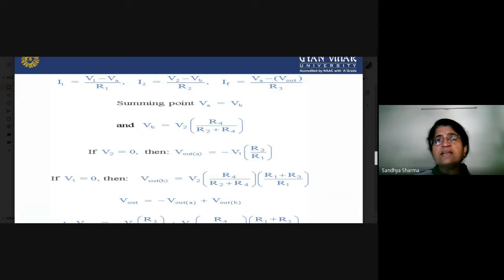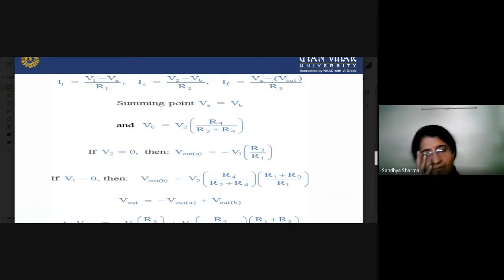If you want to design a summer and subtractor, because the inverting terminal inverts the output signal, there may be different modes. But if you want to make a combined addition and subtraction simultaneously, then you have to work in differential mode, because in differential mode you have two options, meaning you can give your supply to both the inputs.